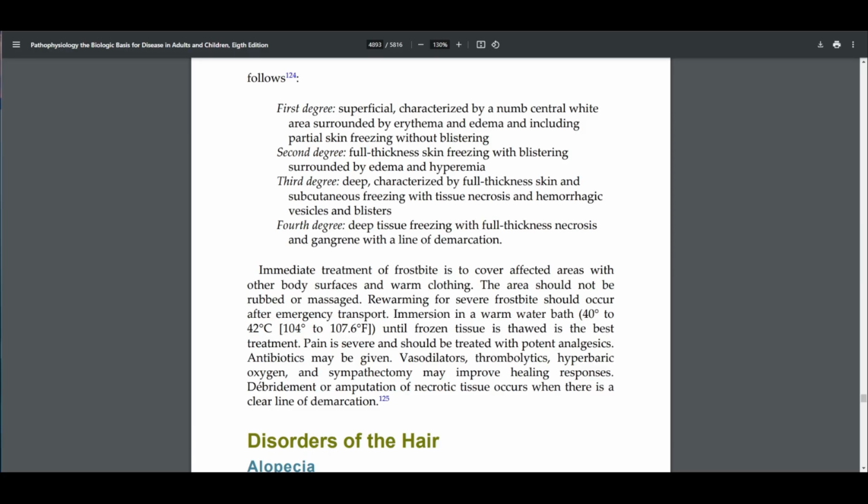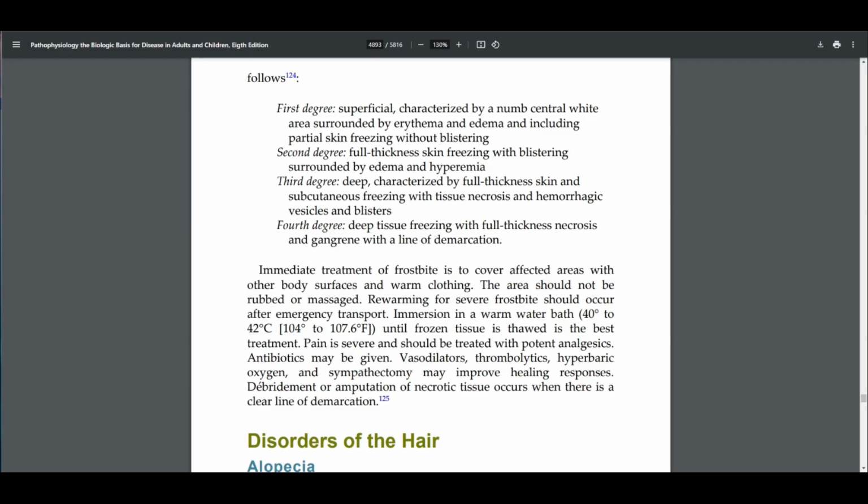Immediate treatment of frostbite is to cover affected areas with other body surfaces and warm clothing. The area should not be rubbed or massaged. Rewarming for severe frostbite should occur after emergency transport. Immersion in a warm water bath until frozen tissue is thawed is the best treatment.